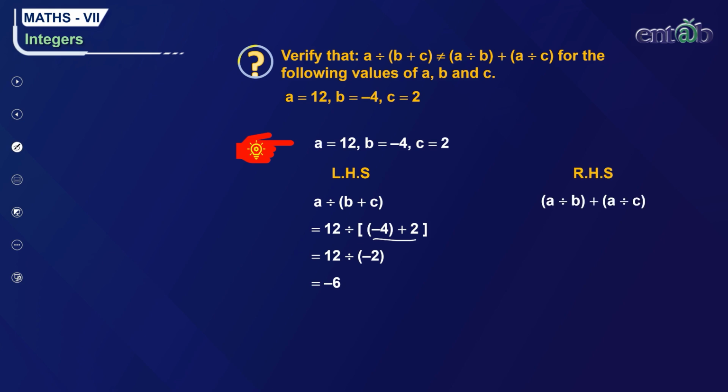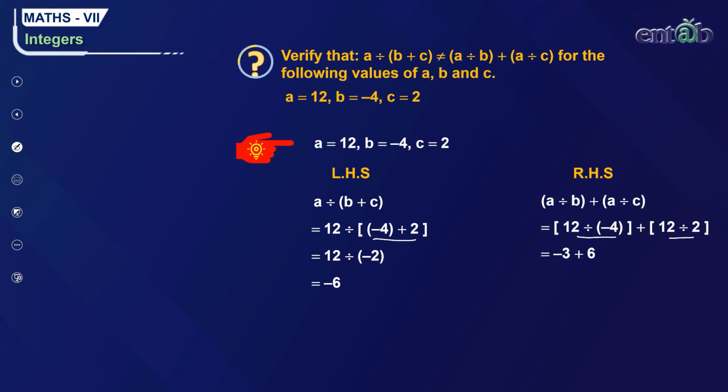Now, let us look at the right hand side. The right hand side is a divided by b plus a divided by c. Putting the values of a, b and c here, we get 12 divided by minus 4 plus 12 divided by 2. So, 12 divided by minus 4 will be solved as one bracket and 12 divided by 2 will be solved as the other bracket.